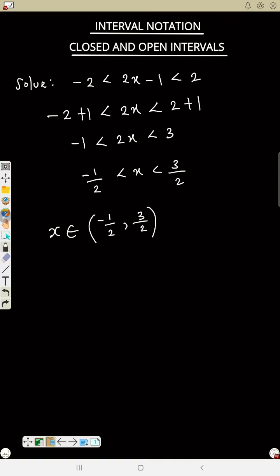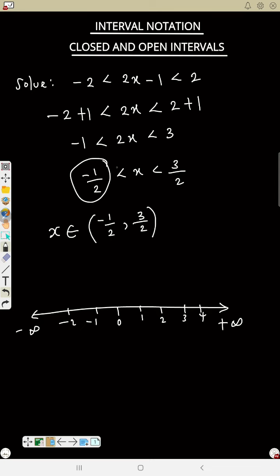Now what if we represent it on a number line? This will be minus infinity, here will be plus infinity. If the middle here is 0, all the numbers to this side are positive to plus infinity, and negative to minus infinity. So if here is 1, here is 2, here is 3, here is 4, minus 1, minus 2, like that. Now we have minus 1 over 2 is less than x, and x is less than 3 over 2.